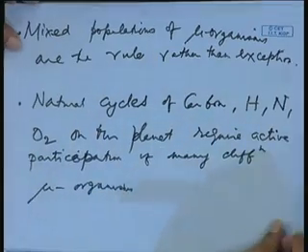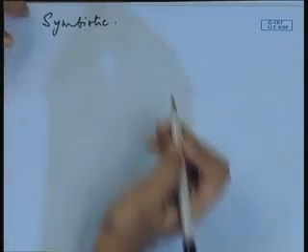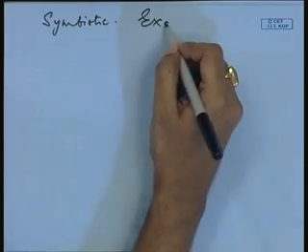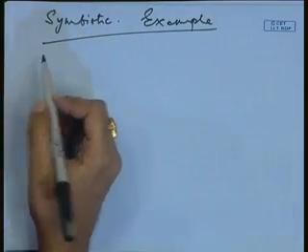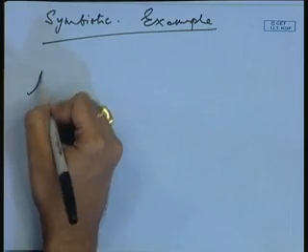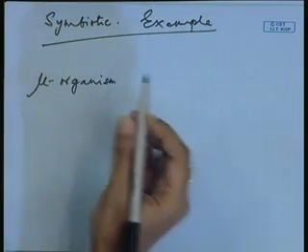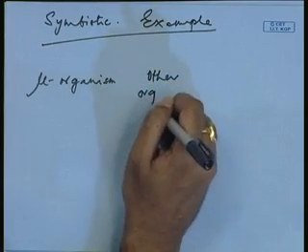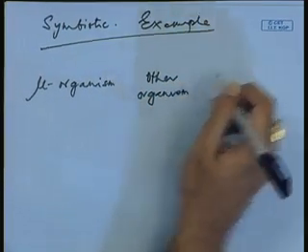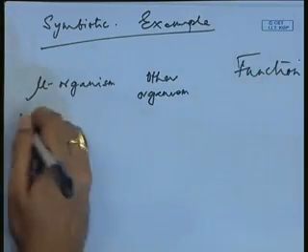Okay. So, what about examples? Let us talk about an example which is symbiotic, where the growth of one bacteria helps the growth of the other bacteria. Okay. So, one is a microorganism and the other one is another organism, and the function, what is the role, how this happens.